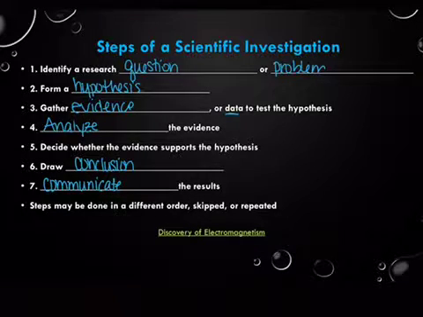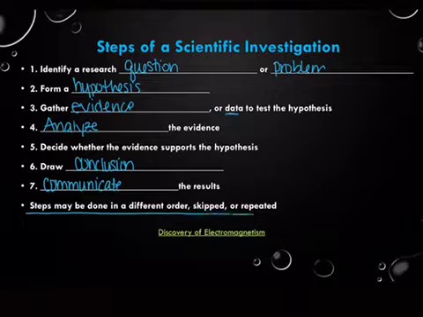your results. So probably the most important thing for you to realize is that these steps can be done in a different order. Some steps could be skipped, or they could be repeated. So remember a couple of videos ago we talked about misconceptions.